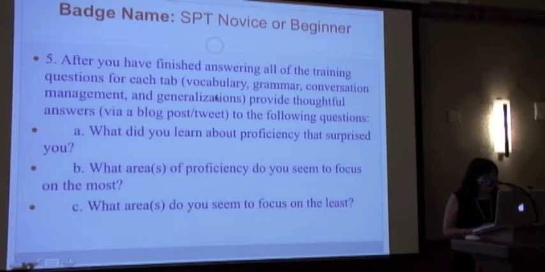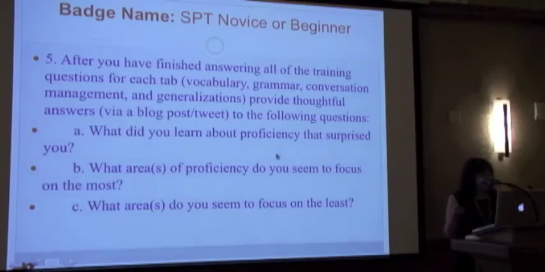An example would be, after you've finished answering all of these training questions, looking at all of these elements in the website, give some thoughtful answers to the following questions. What did you learn about proficiency that surprised you? What areas of proficiency do you seem to focus on the most? And what areas do you focus on the least?